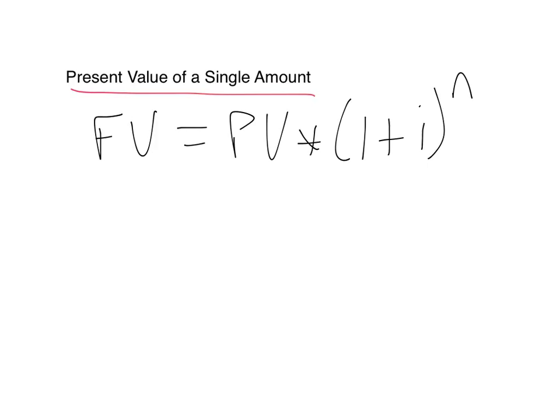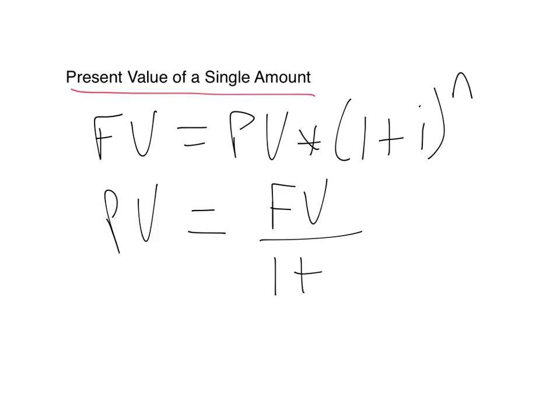Well, let's modify this formula just a little bit. Let's do as the mathematicians say, let's solve for present value. And what we see is that the present value of a future cash flow is equal to that future cash flow divided by 1 plus the interest rate to the nth power. Now, this formula is very important.